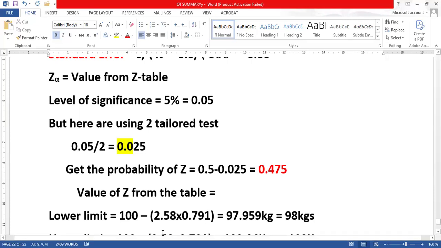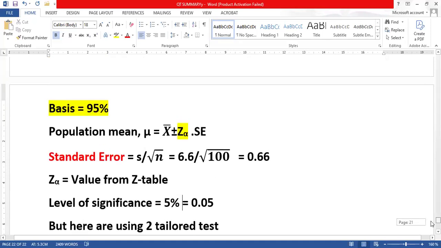On this step where you're getting the probability, at first we had 1, and here we are having 5, but I'm seeing you are still using 0.5. Here we have 5%. At first we had 1 because it was 99. Now it is 95, and the level of significance is 5, the percentage error.